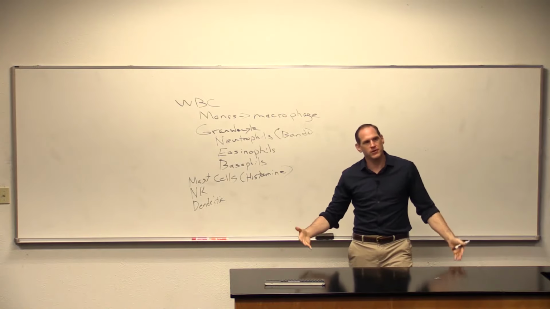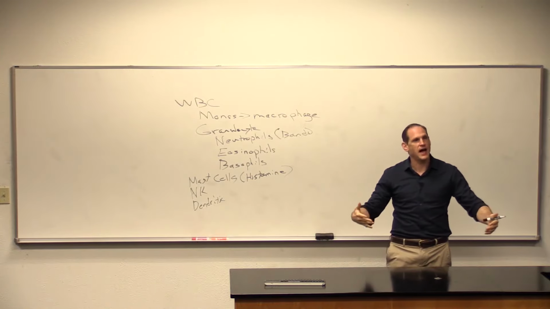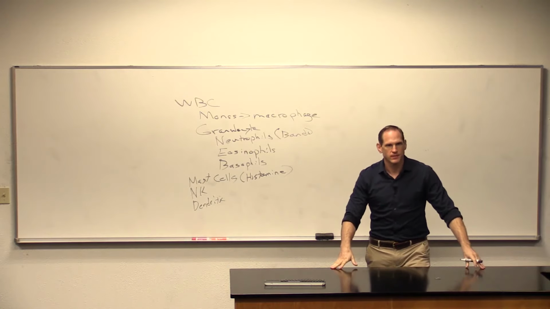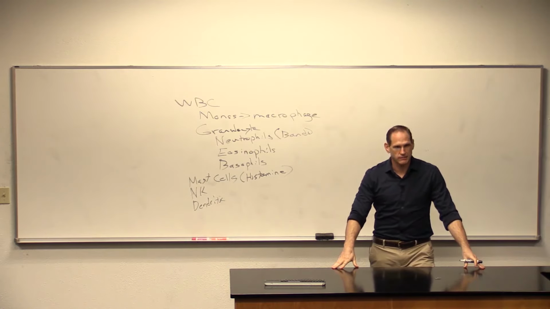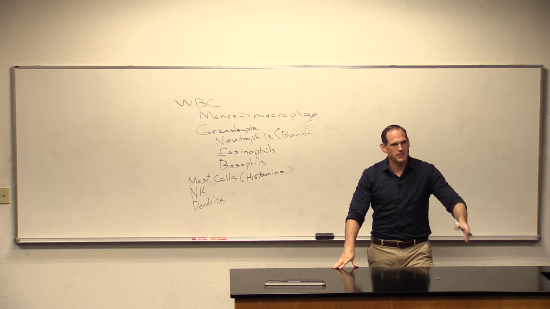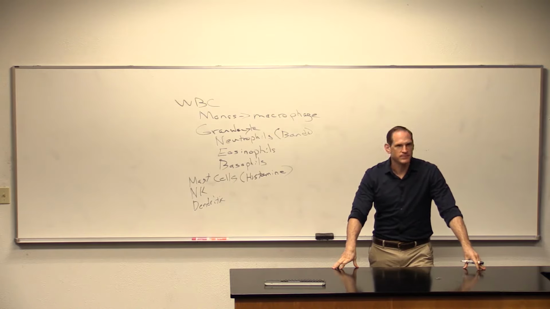Now, how many of you have ever heard of something called Langerhans cells? Named after Dr. Langerhans, who discovered them. What are they? We actually mentioned them last time when we talked about macrophages.